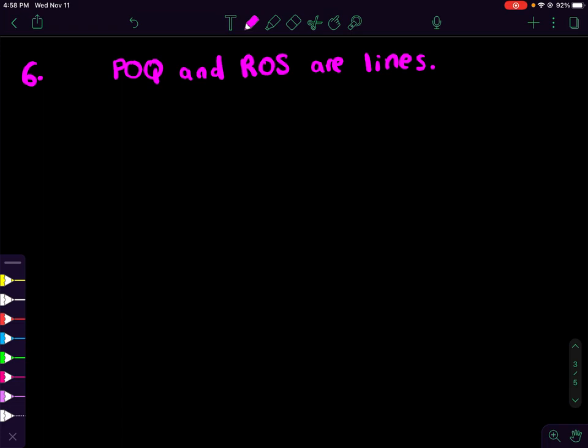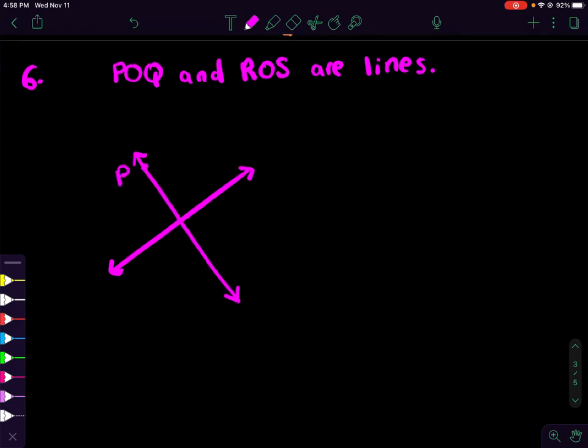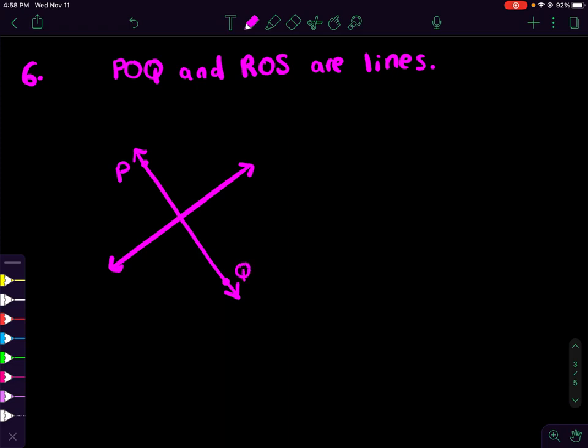So you have two lines, one this way, the other one like that. We have names for this one: P, Q, S, R, and the middle is O.